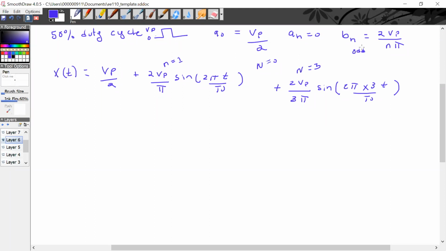N equals 4. B4 is 0. And I'm just going to write another term here for n equals 5. All right, and so on and so on. So I'd like to go back to our representation of drawing the spectrum. Okay.